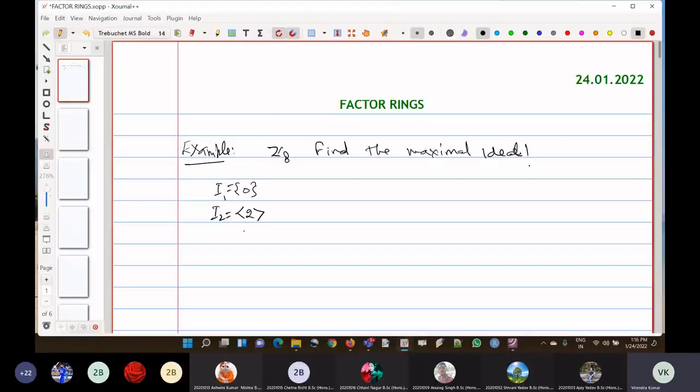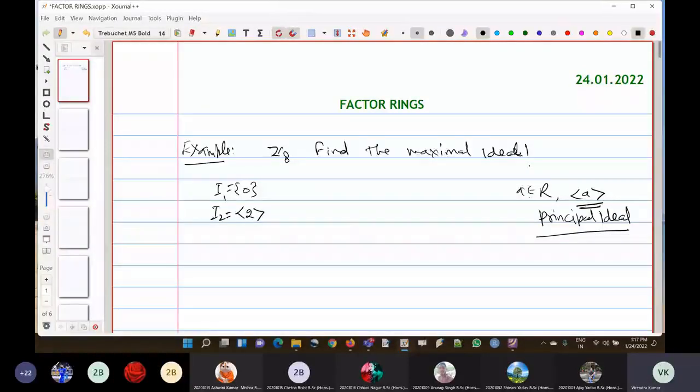You know that if R is a ring and a belongs to R, then this is an ideal, and this ideal generated by a is given a name: it is called a principal ideal. So corresponding to each member of R, we have an ideal.